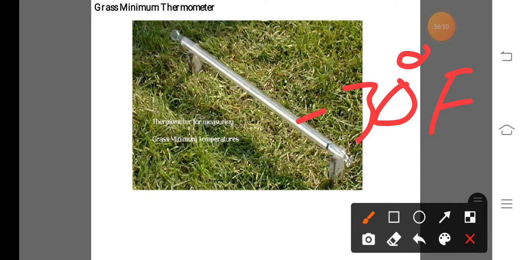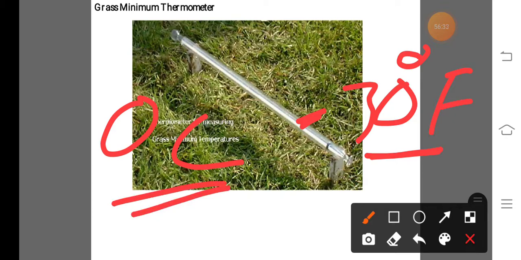That means if the temperature of this grass minimum thermometer is recorded at 30 degrees Fahrenheit or below, that means in degrees Celsius, 0 degrees Celsius or a minus temperature is present in the atmosphere, and this temperature indicates the occurrence of frost.